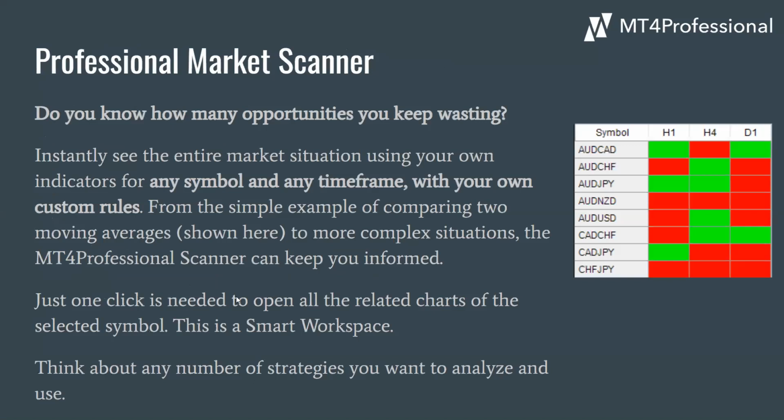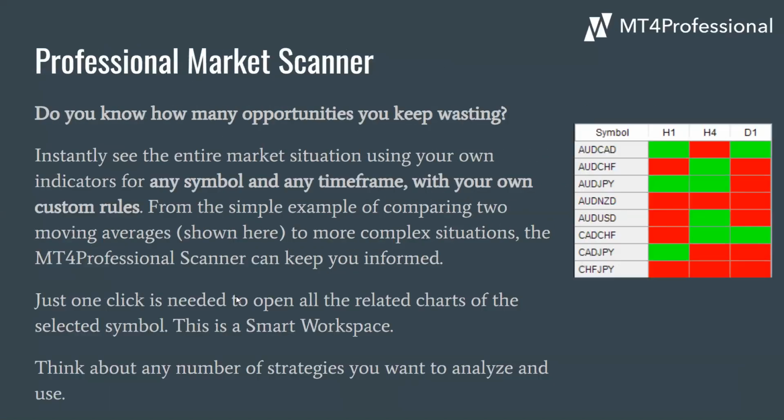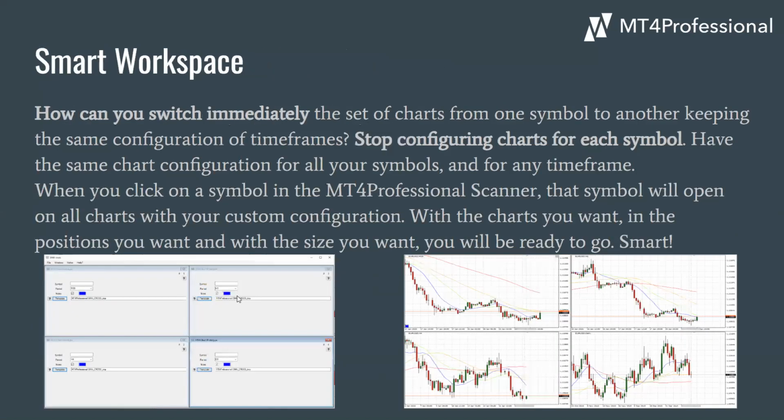So very quickly, I'll go through this. I already talked about the scanner and all the advantages of that. The smart workspace: this on the left-hand side is a configuration panel. This is what it looks like when you're setting up your chart layout. It looks exactly the same, but you tell it exactly what you want on there. 30-minute, hourly, weekly, 4-hour, daily, whatever it is, you can tell it exactly what time frame you want.